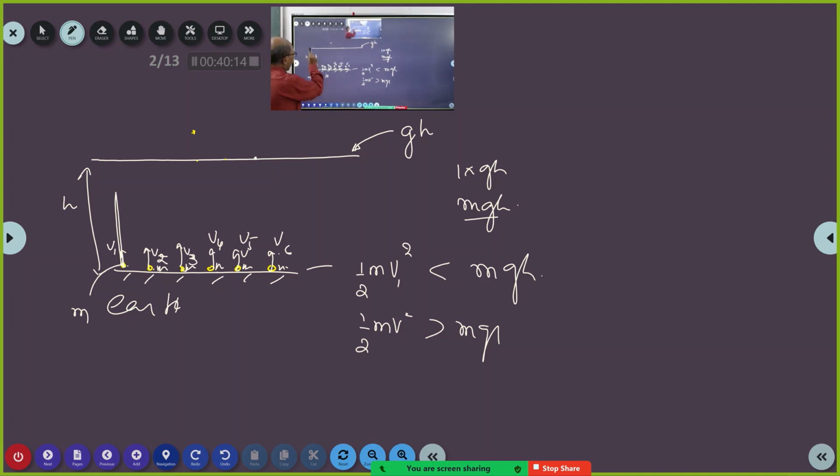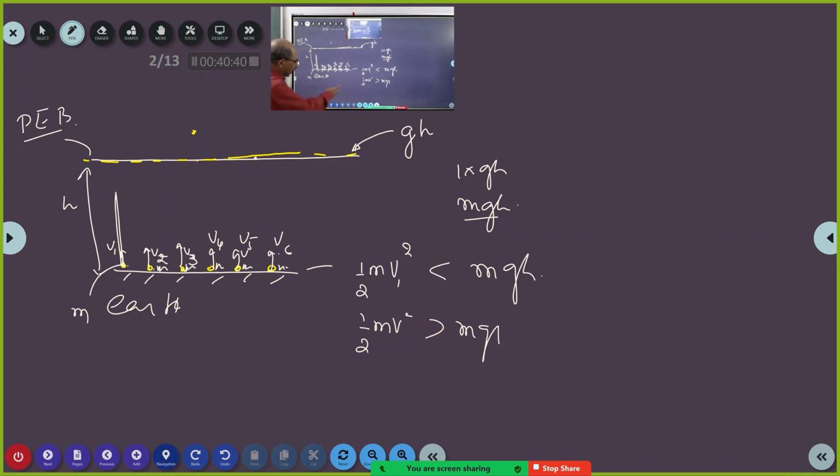Now what is this line? Potential energy barrier. So this is the significance of this. Those particles whose kinetic energies were greater than the barrier energy were able to overcome, surmount that barrier and go beyond.